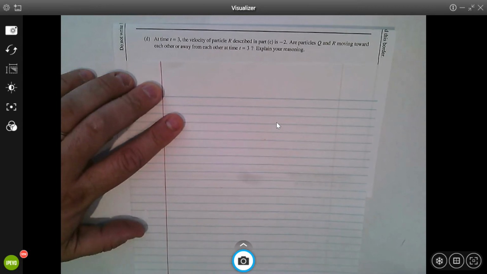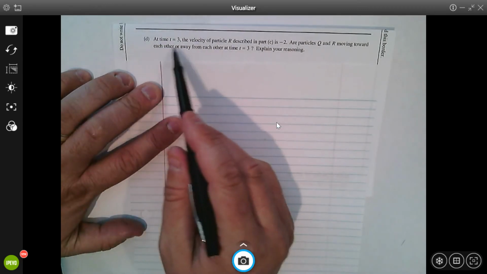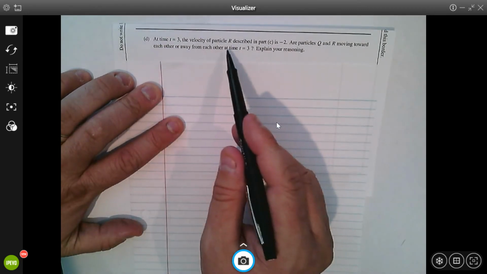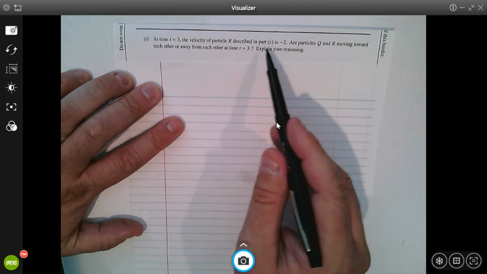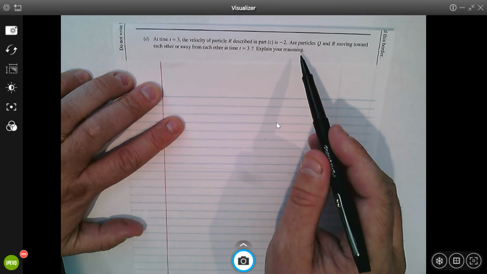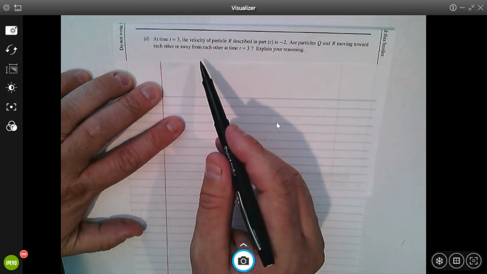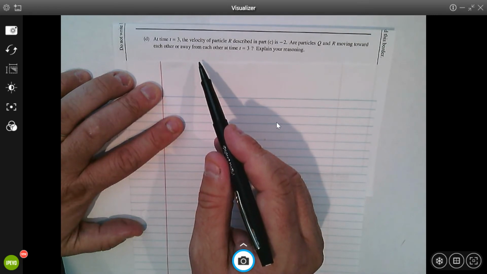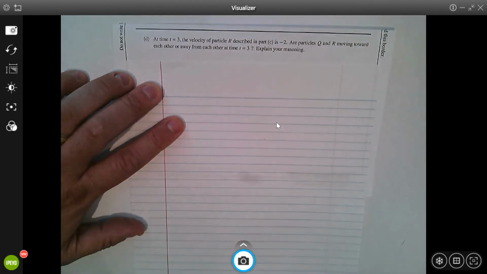Okay. In part D, we're told at time t equals 3, the velocity of particle r described in part C is -2. Are particles q and r moving toward each other or away from each other at time t equals 3? Well, let's see what's going on here.